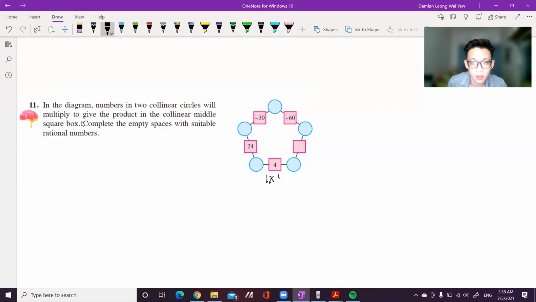Now, if I put 2 here, to get 24 is 2 times 12. But with 12, I can never get 30. Definitely not. 1 is also not possible, because 1 will be 1 times 24. With 24, I will never get 30. So the only possibility is 2 and 2.